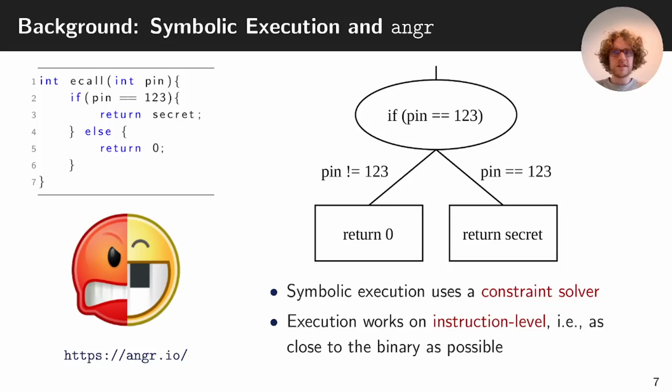And you can see that being illustrated on the simple program on the left, which is essentially an enclave that takes a pin code and either returns 0 or a secret if the right pin code is given. If you would execute that enclave with a tool like fuzzing, you would essentially suffer from the big state space, and you might never find the secret.